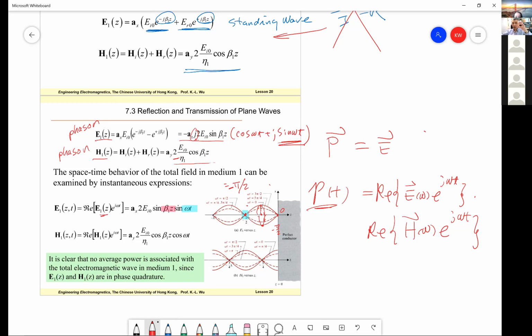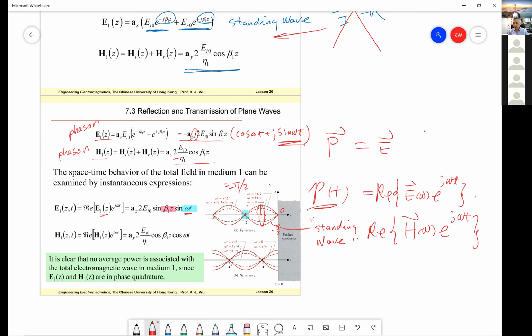So this is a sinusoidal change, very fast because omega is high. Such a wave we call a standing wave.